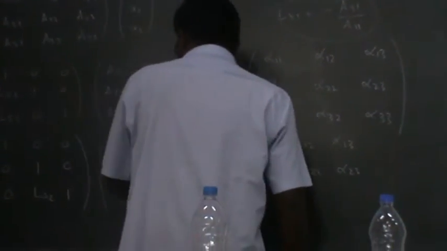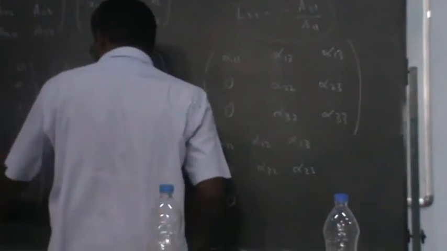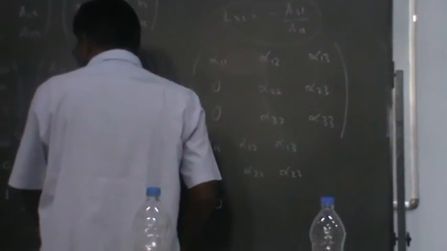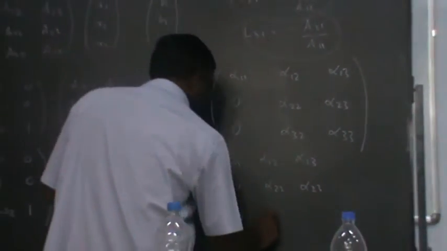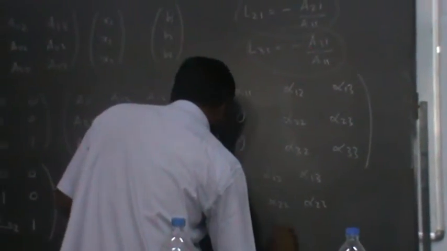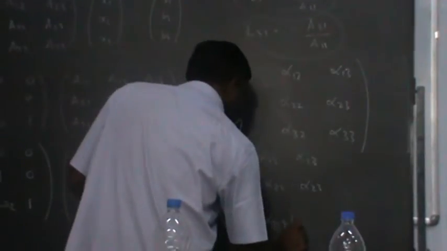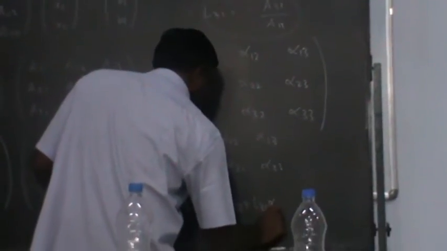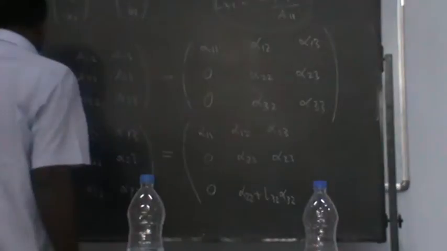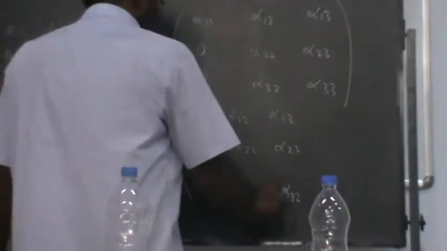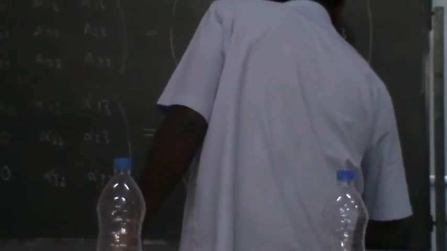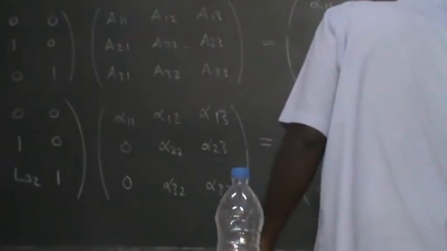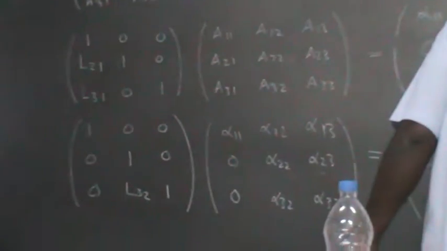Now what about this? This one is 0 because this will multiply 0, 0 here, and this one is going to be alpha 3,2 plus L3,2 into alpha 2,2. And then the third entry is going to be alpha 3,3 plus L3,2 into alpha 2,3.